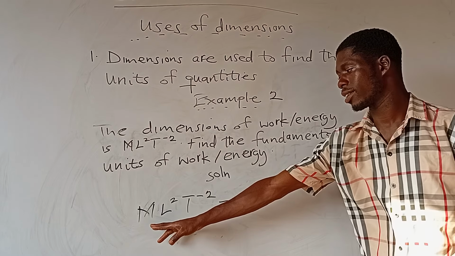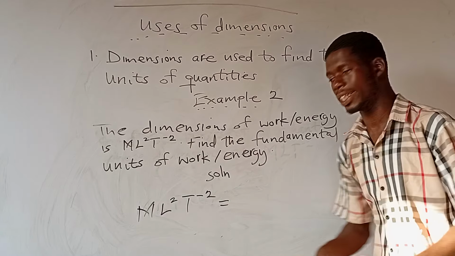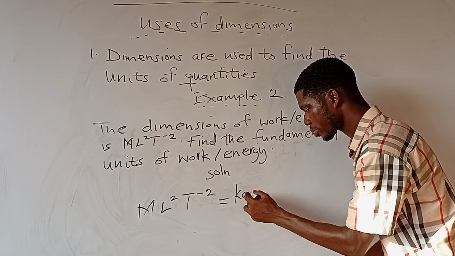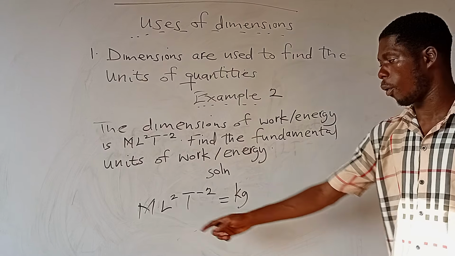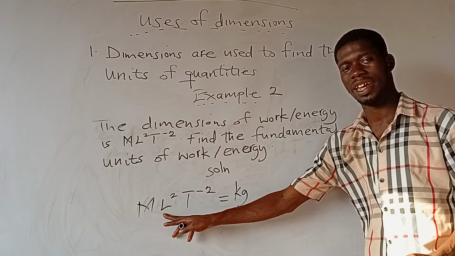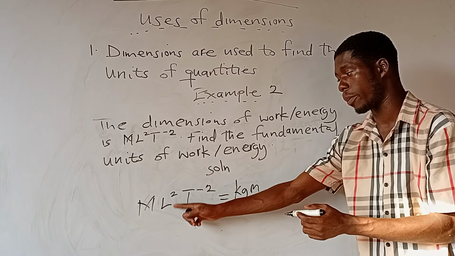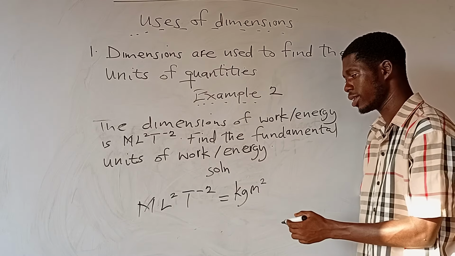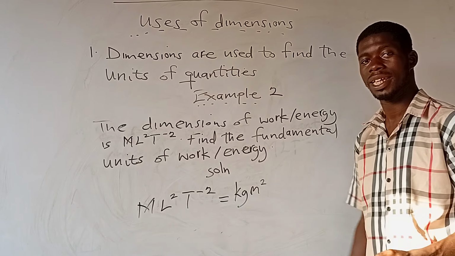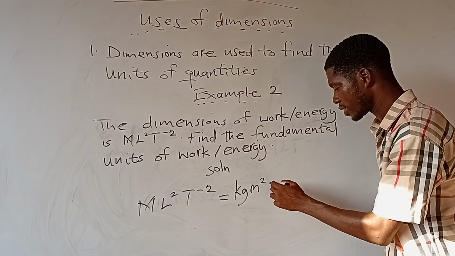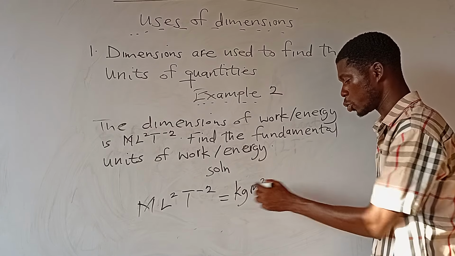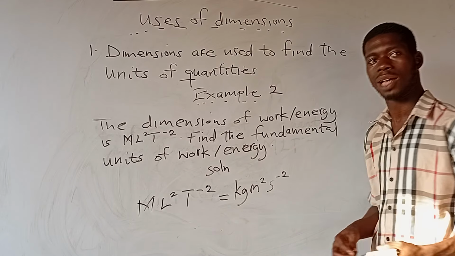The unit for mass is kg, and the unit for length is meters. It's L to the power 2, so meters to the power 2 as well. And the unit for time is seconds, to the power negative 2 as well.